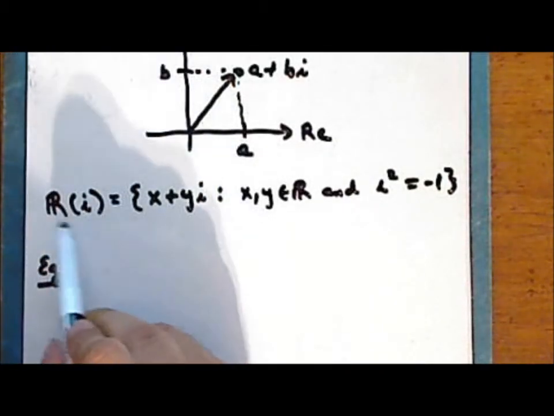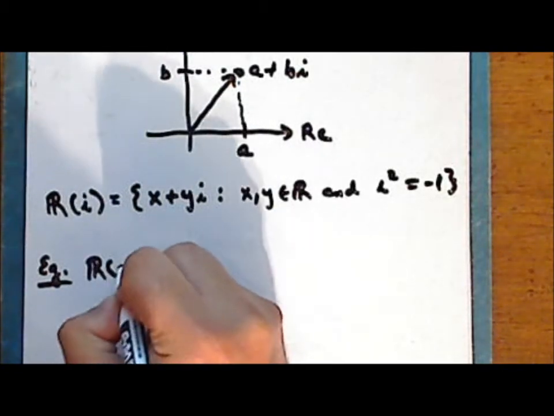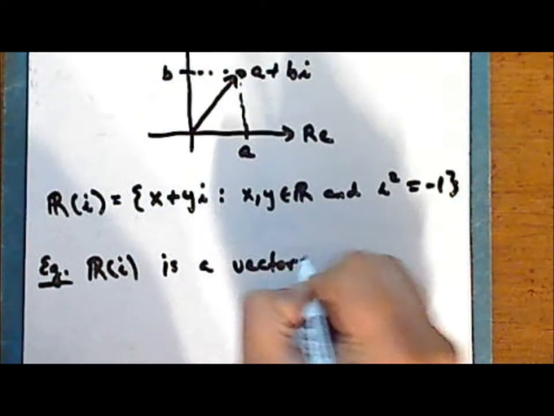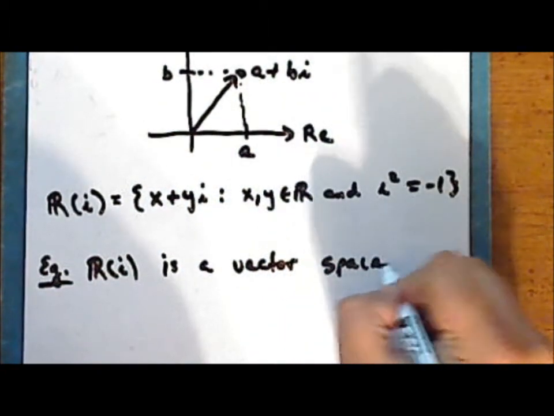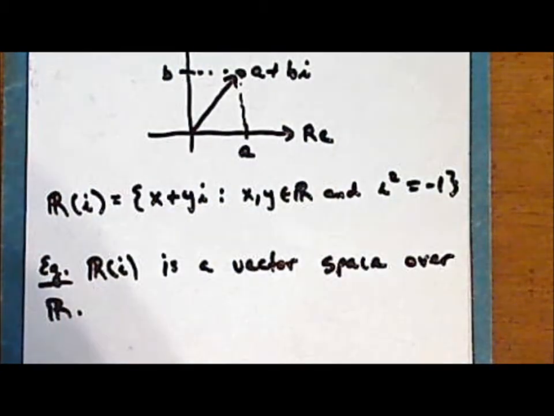So if we consider this set as a set of vectors, we can now show that this set is a vector space over the field of real numbers.